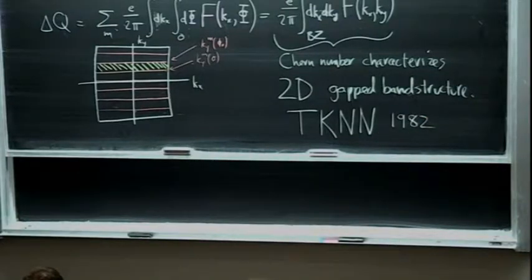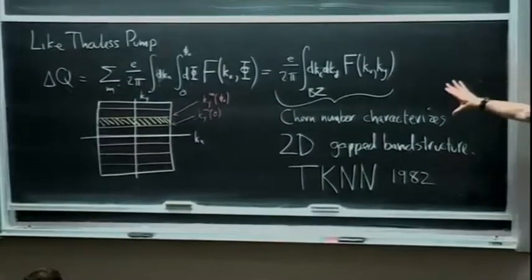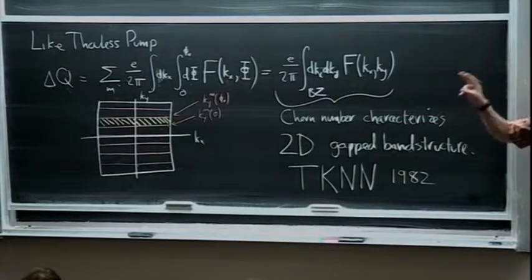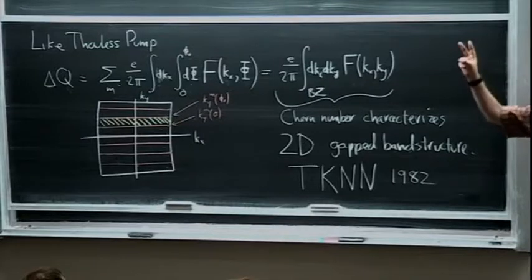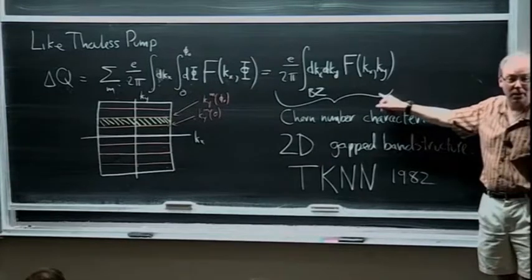Okay. So what I'd like to do now is see how this plays out in a simple model system. I always like to do these things in a two-band model if I can. And if I can't do it in a two-band model, then maybe I'll do it in a four-band model. But we can do it in a two-band model with this.